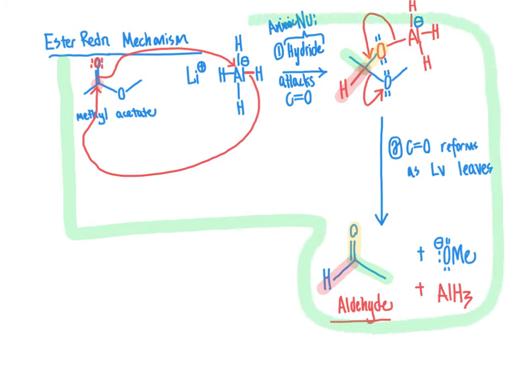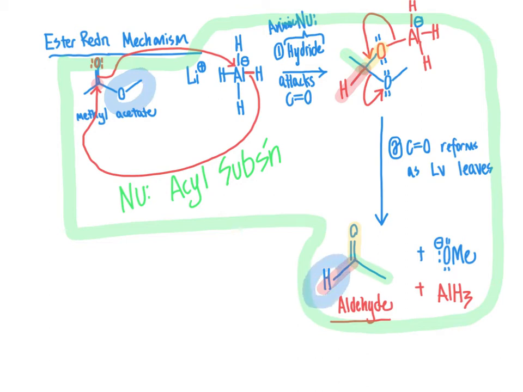The first chapter, which I'm highlighting in green, was our nucleophilic acyl substitution, because we were replacing the O-alkyl leaving group with a new bond to hydrogen. When we relate the methyl acetate starting material to the aldehyde product, our O-alkyl leaving group has left and been replaced with a hydrogen nucleophile, making this fit the definition of nucleophilic acyl substitution and very much following the general reaction mechanism we've seen time and time again.